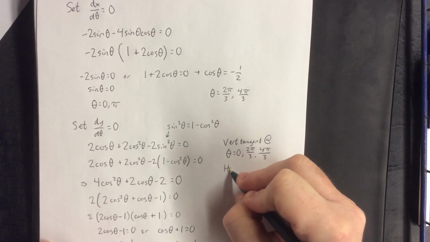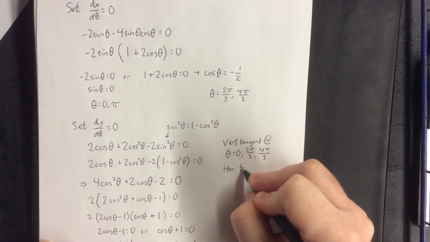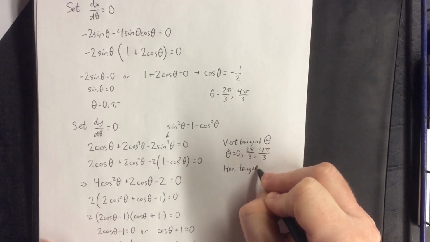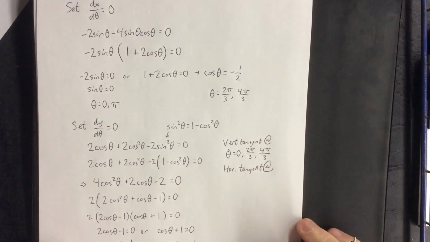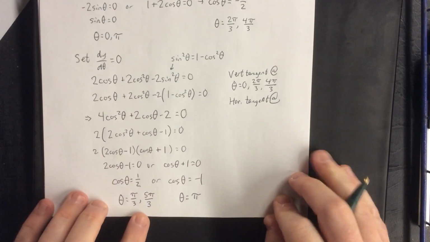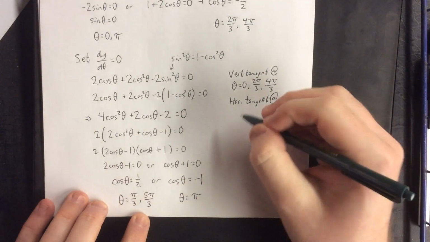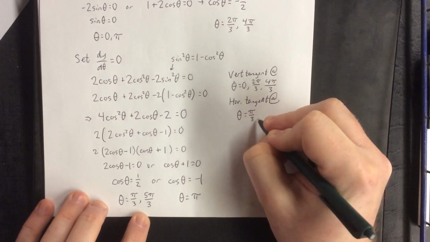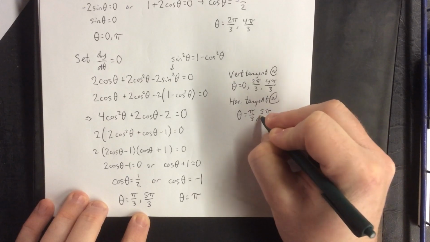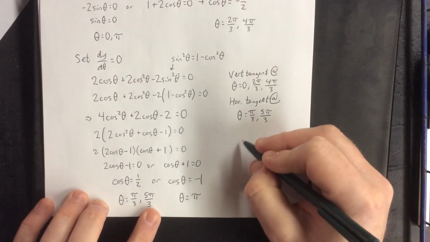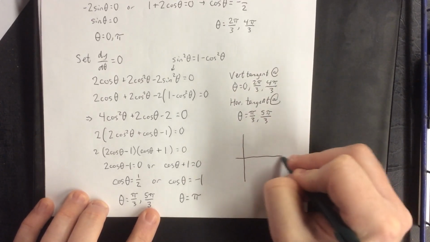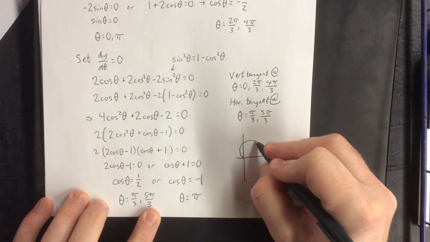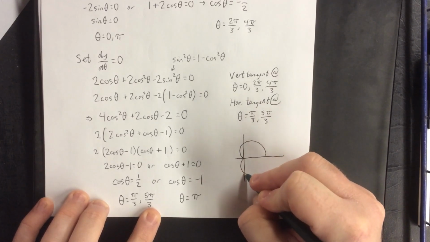We are going to see a horizontal tangent at all of the values at the bottom of the page except for theta equals pi. So that will occur at theta equals pi over 3 and 5 pi over 3. What I'm going to do is redraw the cardioid from the previous page and see if we can interpret this in terms of what we see on the graph.